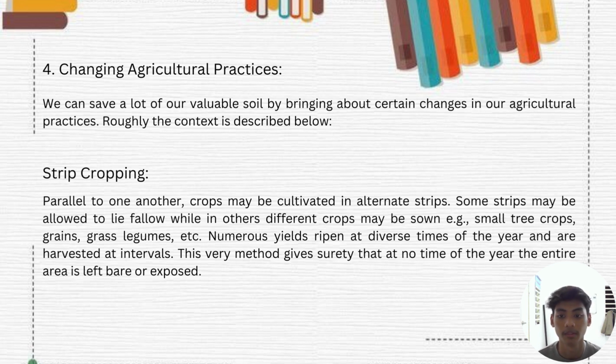Some strips may be allowed to lie fallow, while in others different crops may be grown, some small tree crops, grain, grass, legumes. Numerous yields ripen at diverse times of the year and are harvested at intervals. This very method gives surety that at no time of the year is the entire area left bare or exposed.